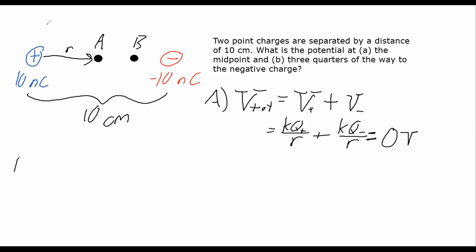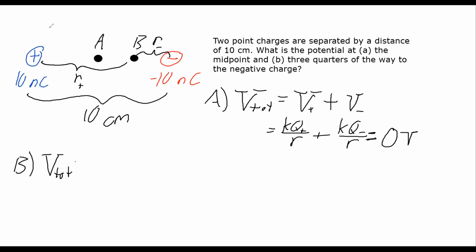Okay, so part B, we do have to plug in numbers there. So for part B, what is the potential 3/4 of the way to the negative charge? In that case, I gotta be careful about my R's. I'll call this my R positive, R negative. The R's aren't the same in this example for part B, because we're not looking at the midpoint. So finding my total voltage, same equation really.